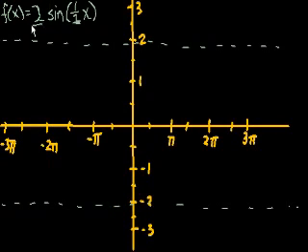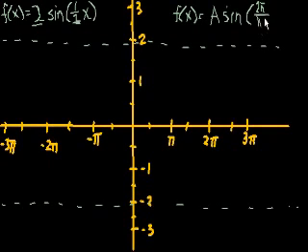And I'll give you a little formula here: the function is equal to the amplitude times sine, but it would also work with cosine. The amplitude of the function times sine of 2 pi divided by the period of the function times x.